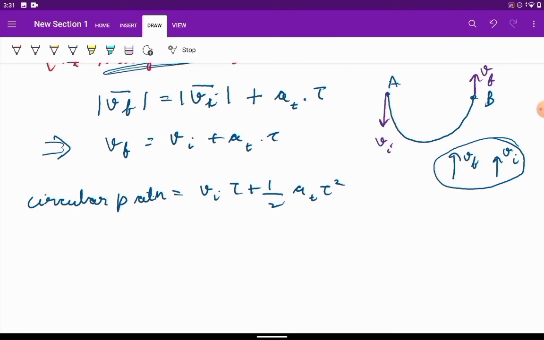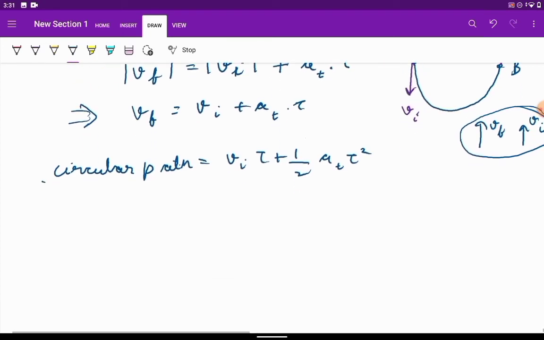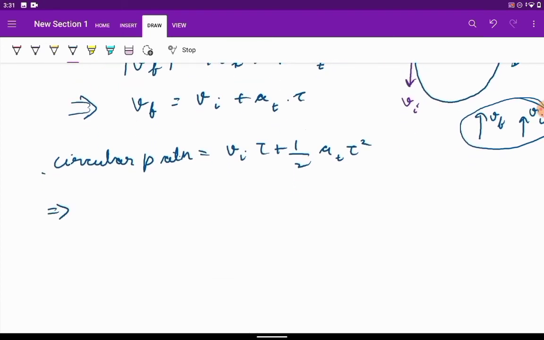Now the circular path is nothing but half the circumference, which is pi r. So pi r is Vi tau plus half AT tau square.